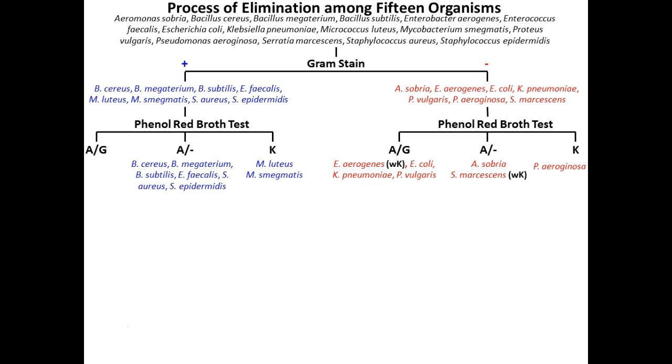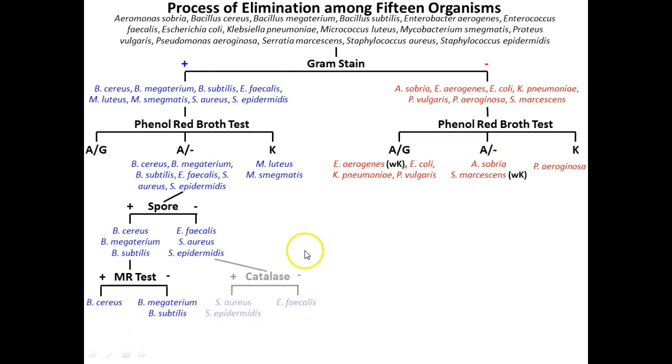This is sometimes referred to as a decision tree, right? Or I forget the other term for it. If you then, for this group, do a spore stain, you could divide the group of 6 into half. And then the MR test, the methyl red test that we'll do next week, you could narrow it down to a single bacillus.